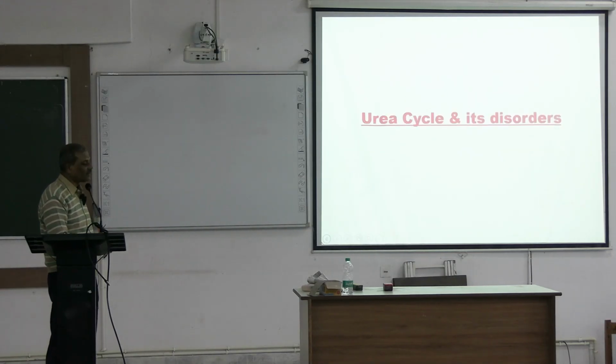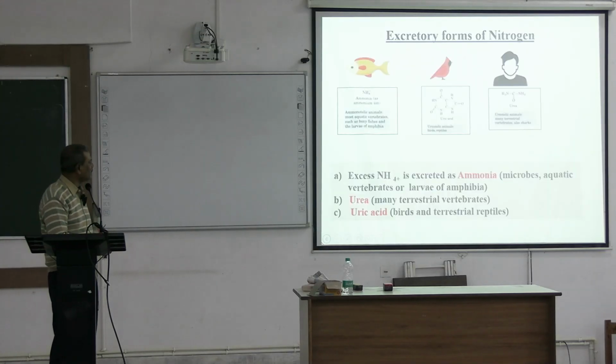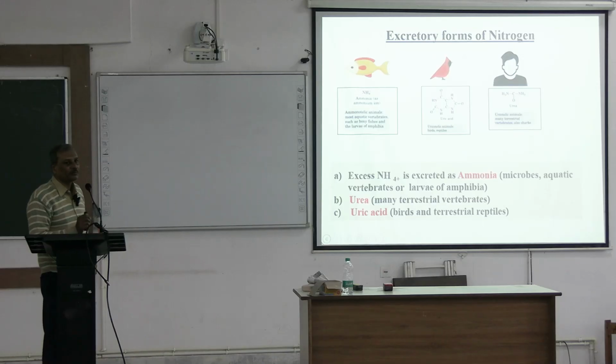Now, urea cycle and its disorder, today's class. Basically, you see excretory forms of nitrogen are basically in three forms. One is ammonia, another is urea, and third one is uric acid.